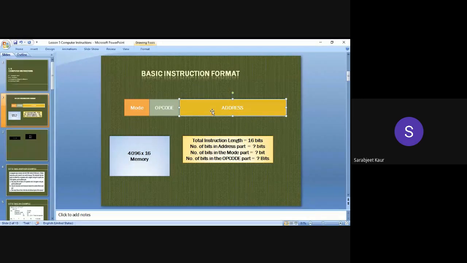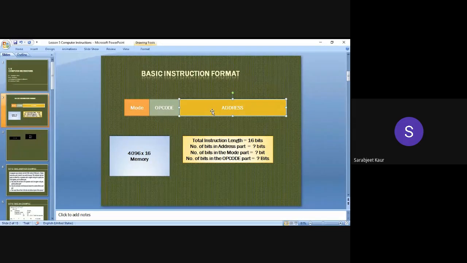That means each instruction will be of two parts. One will be the opcode. Opcode stands for, we have done this in the last class, operation code, and address stands for the address where the memory variable is located.